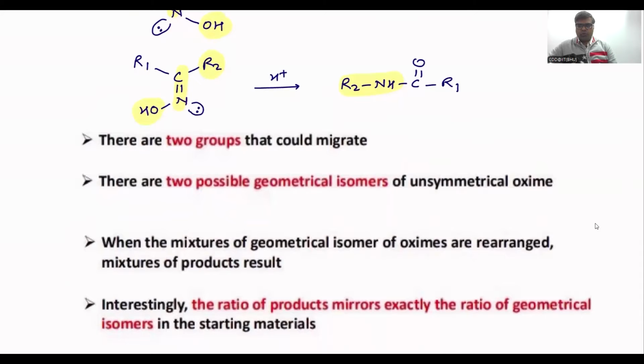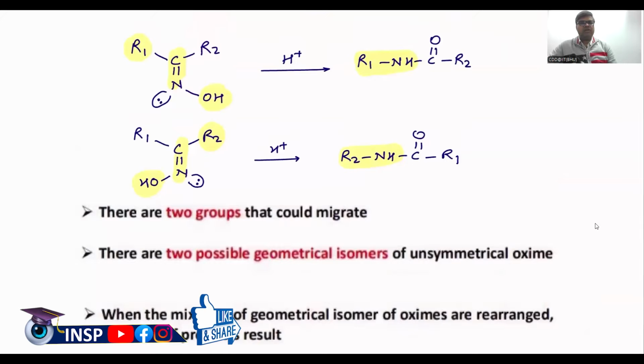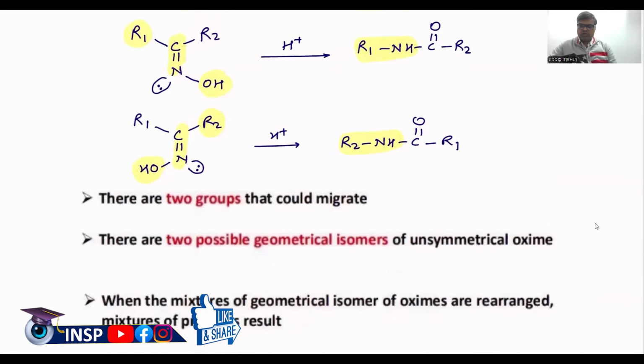If we have two different groups that could migrate, then two possible geometrical isomers are formed of an unsymmetrical oxime. One is cis, another is trans, which you can also call syn and anti. When a mixture of geometrical isomers of oximes is rearranged, it will form a mixture of products. As I have shown you earlier, if R1 and R2 are different, two different products are formed.